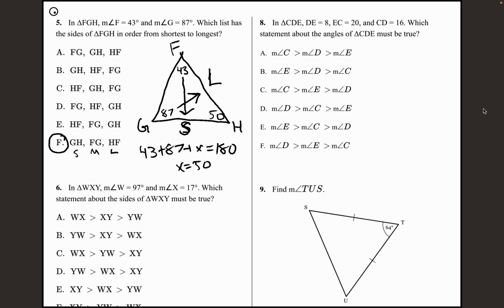Let's look at number 8 real quick, because this is dealing with sides. Let's draw our triangle. It says triangle CDE. Go ahead and mark your sides and draw that angle.